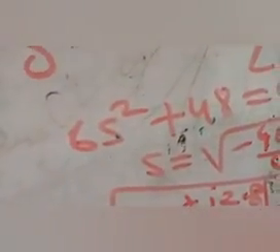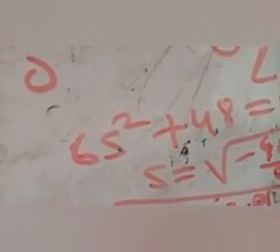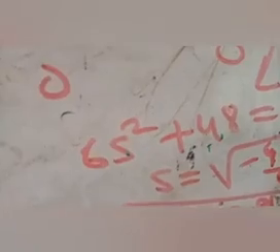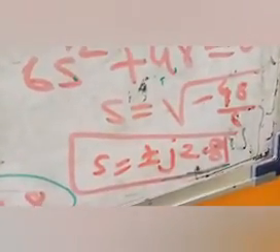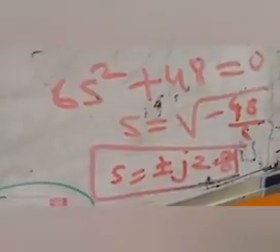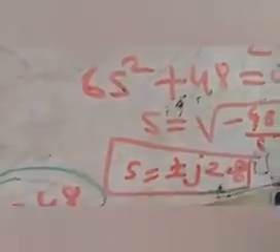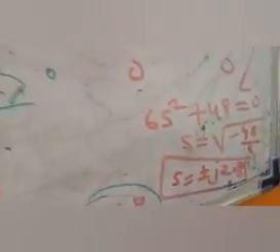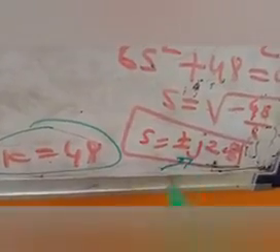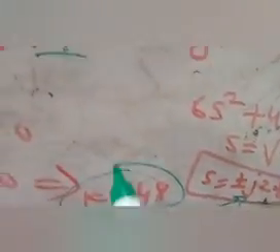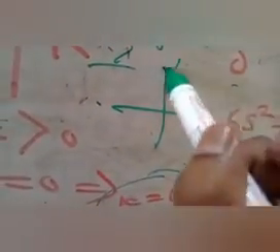As per the data calculated above, the root locus plot is drawn with the help of this point. S is equal to plus minus j 2.8 means here there is only imaginary part, no real part. In the s plane, this is the j omega axis and this is sigma.